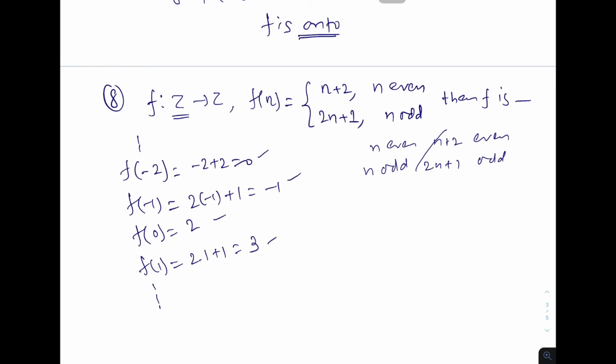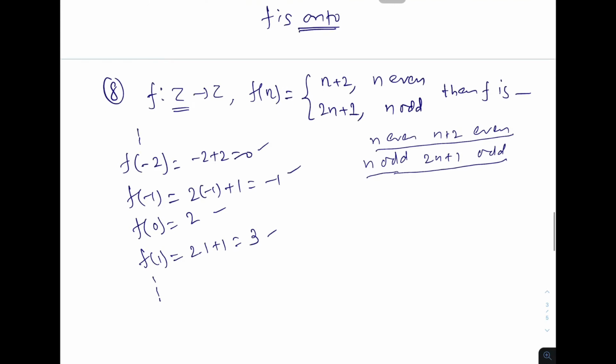No value will remain the same, and it is so because, see, if n is even, then n plus 2 is also even. If n is odd, then 2n plus 1 is also odd. So even and odd will never be equal, first of all. So these two will never be equal.